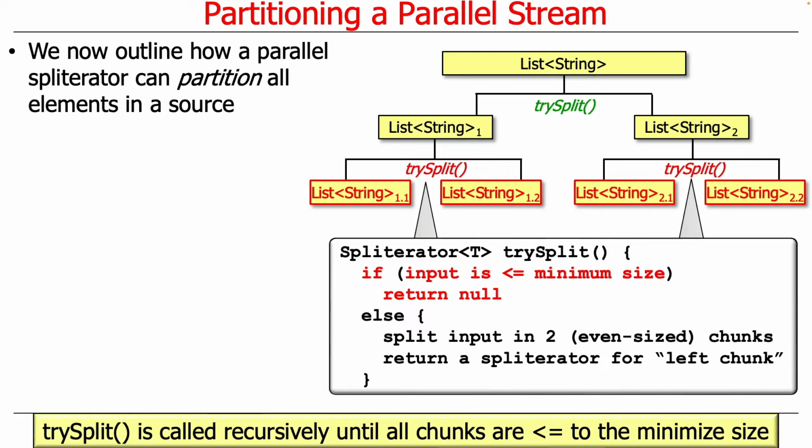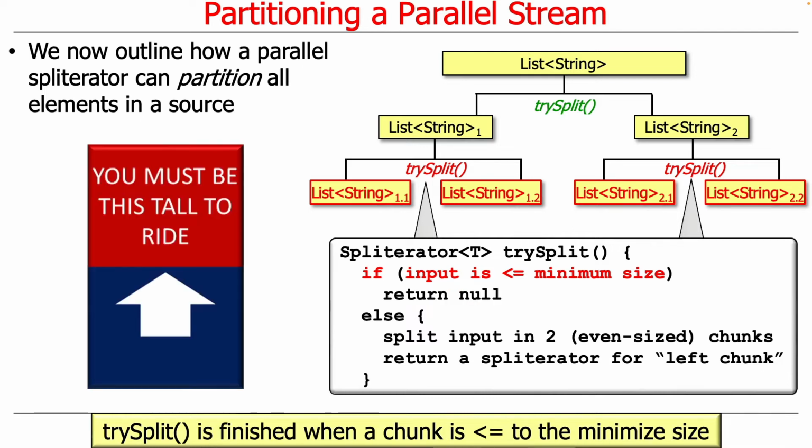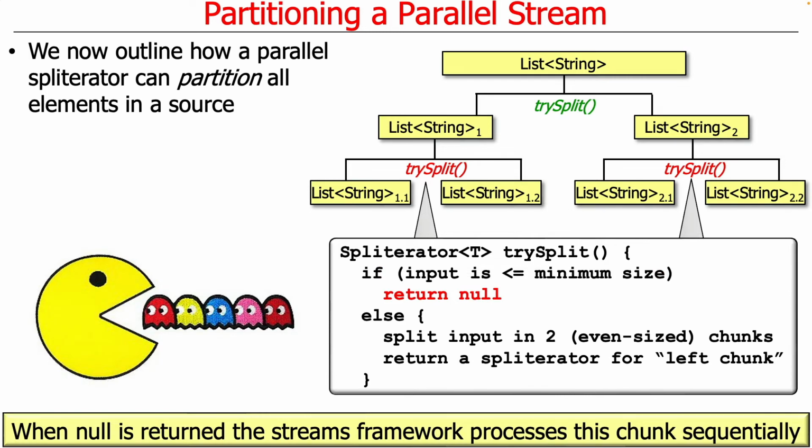We've reached atomic sized elements, and then go ahead and call tryAdvance on the parts that are left over. Typically, the minimum size with Java collections by default is 1, so it splits it up into atomic sized elements of 1. If you don't like that, you could write your own spliterator to do something different. When trySplit is done, then we know that we've reached the minimum size.